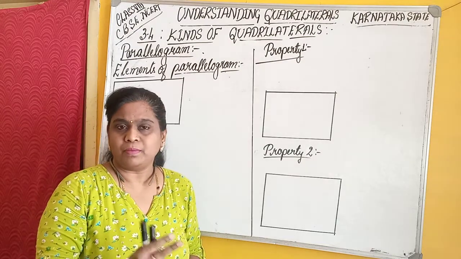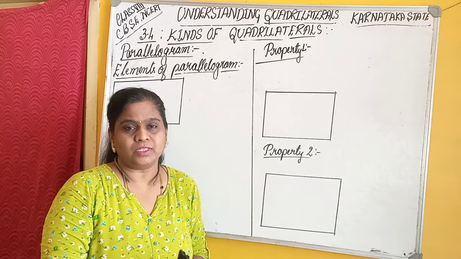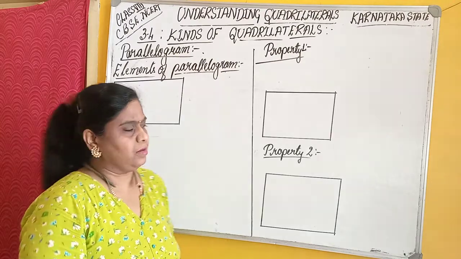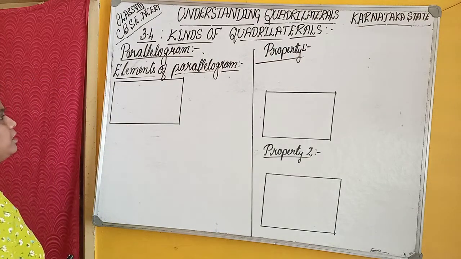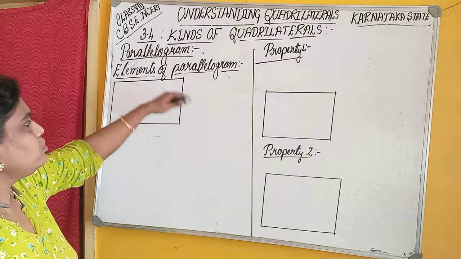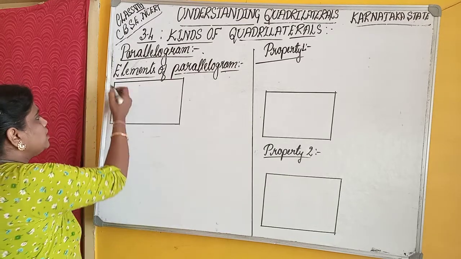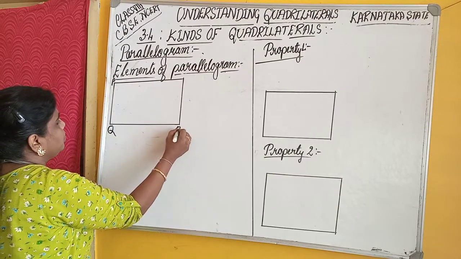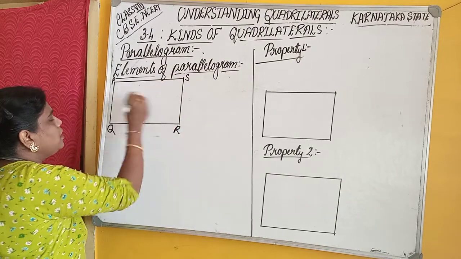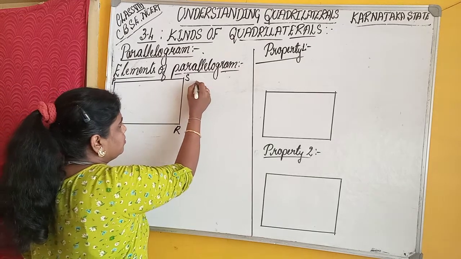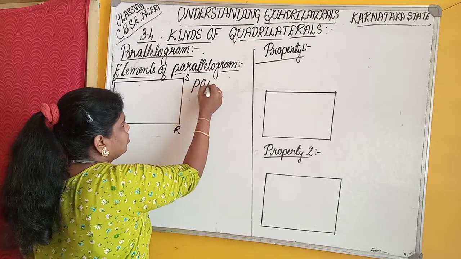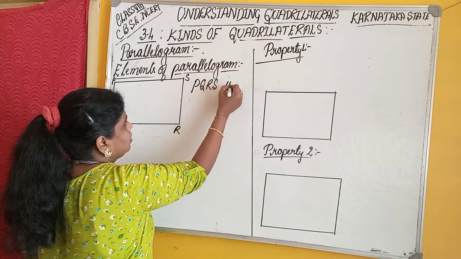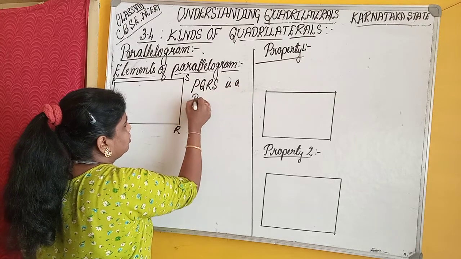Two sets of parallel lines are there. Here, look at the diagram. Elements of parallelogram. Just give a name for the parallelogram. It is PQRS. Here, PQRS is a parallelogram.